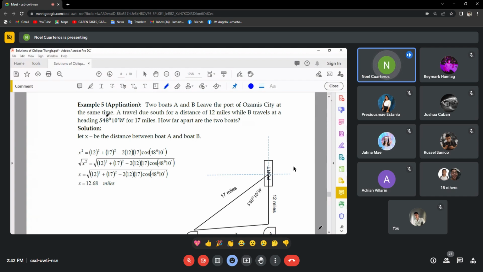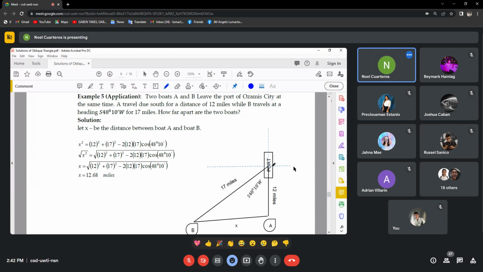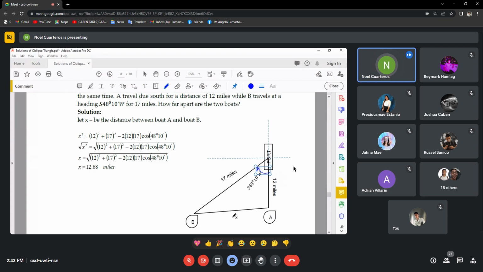From the port, boat A travels in the south direction for 12 miles. Boat B goes southwest, with a direction of 48 degrees 10 minutes, for a distance of 17 miles.